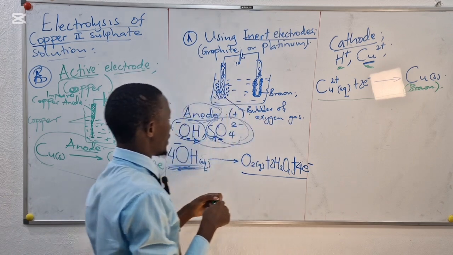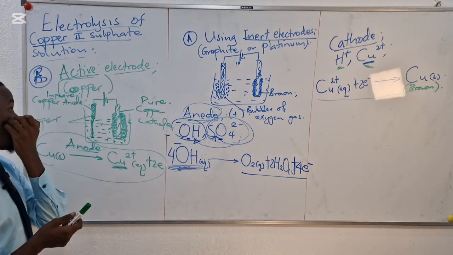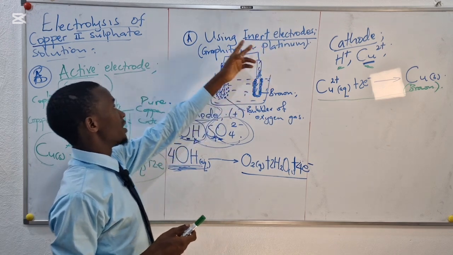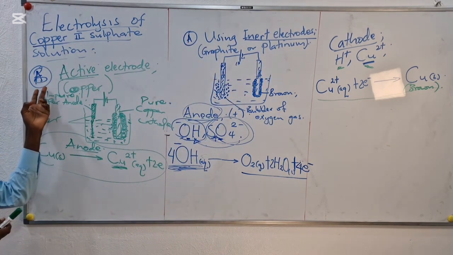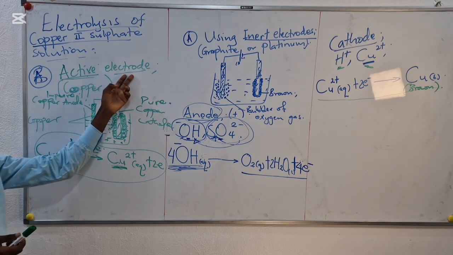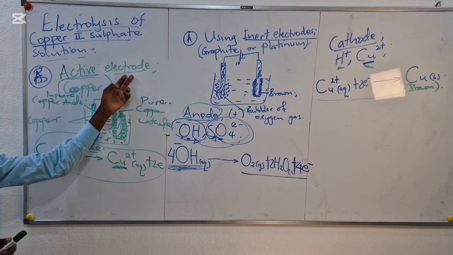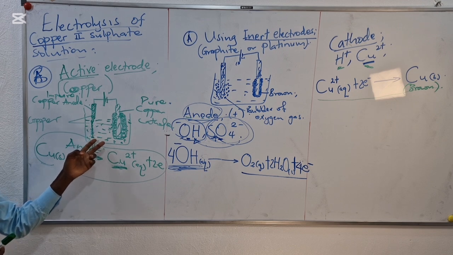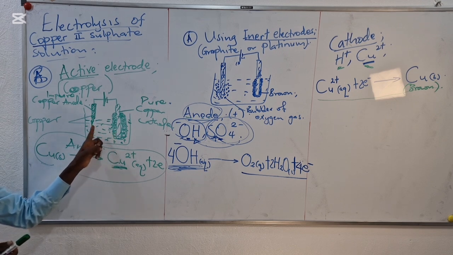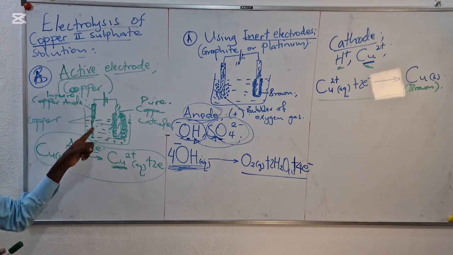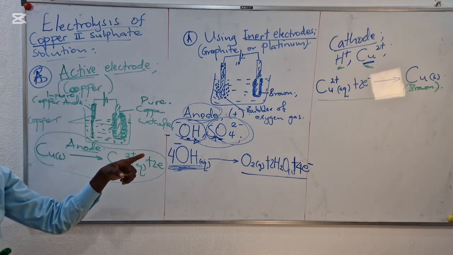And therefore, the electrolysis of copper 2 sulfate when using an inert electrode is different from that when using an active electrode, keeping the electrolyte the same. And that is strictly about the behavior of the electrodes in both.